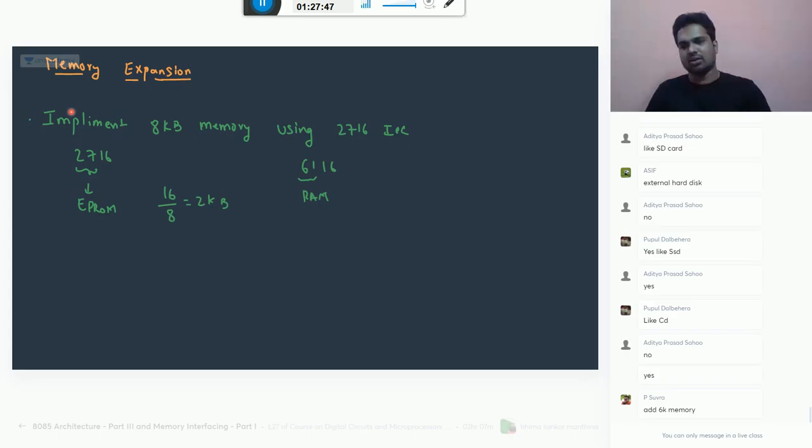This part is the easiest part of your 8085. How to add is the main job. You cannot just take it and add it.